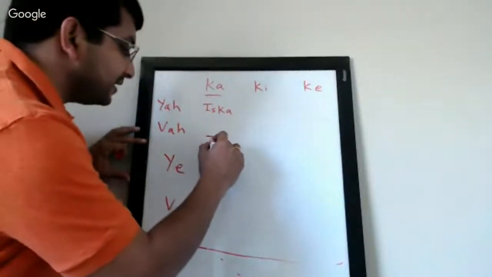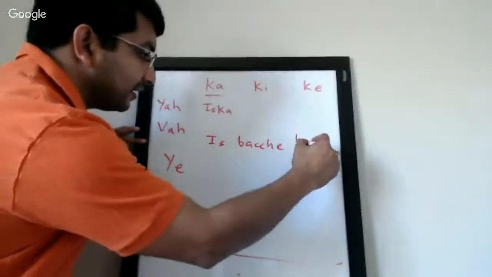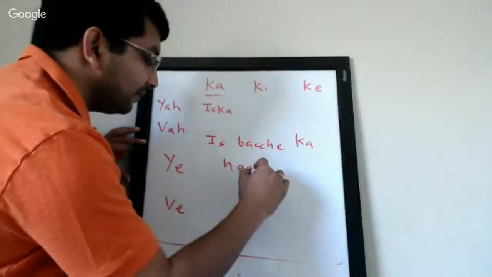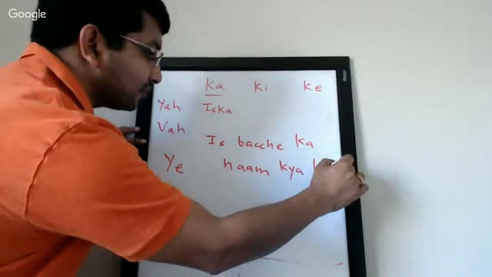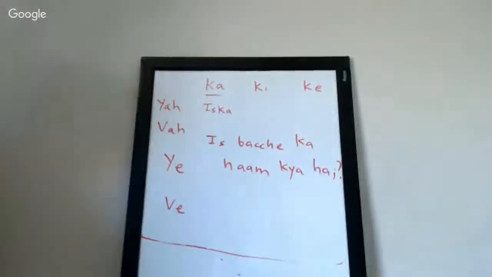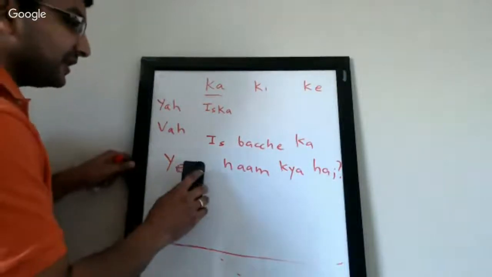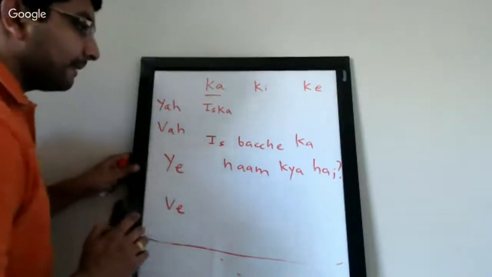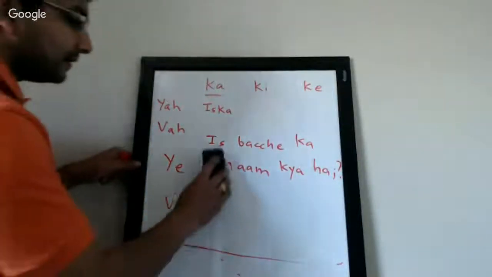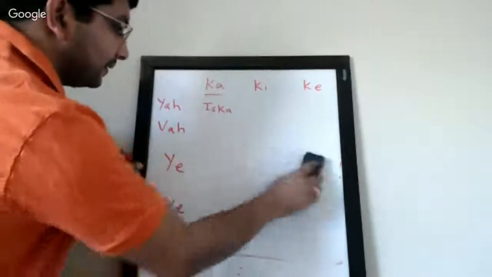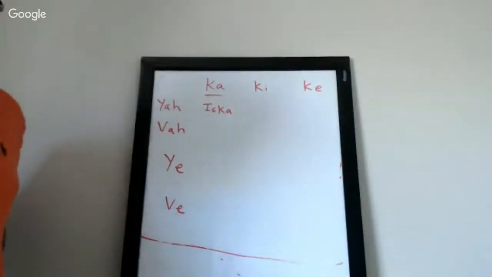You can say, is bacche ka naam kya hai? What's the name of this boy? Right? इस बच्चे का नाम क्या है? इसका.